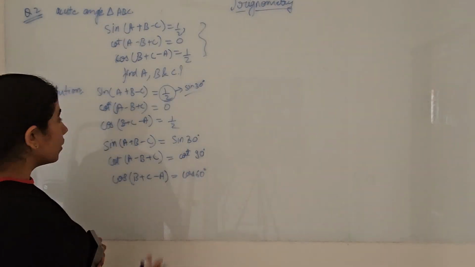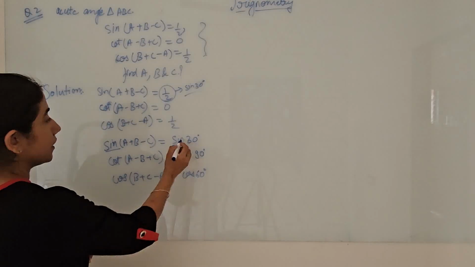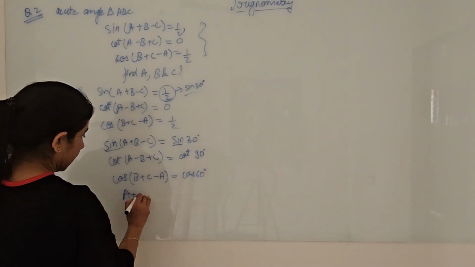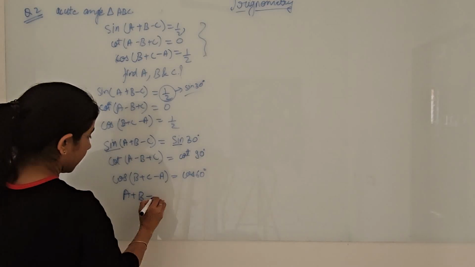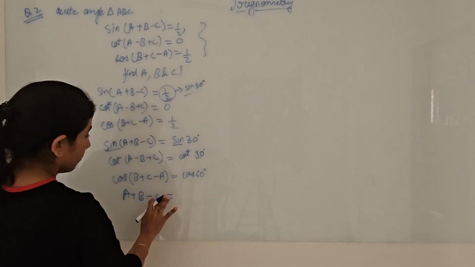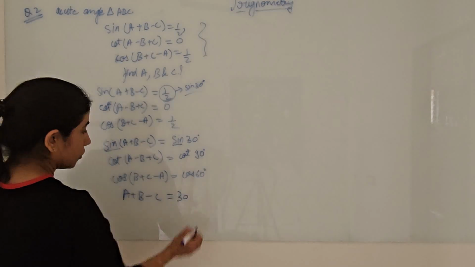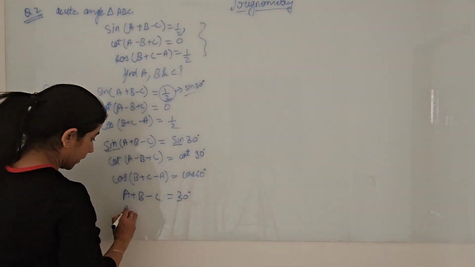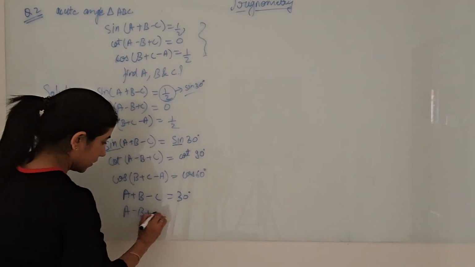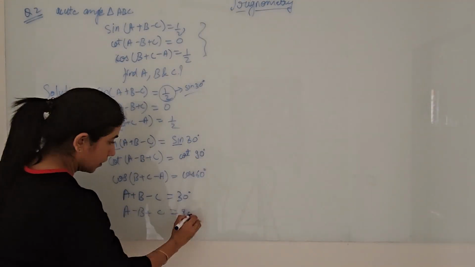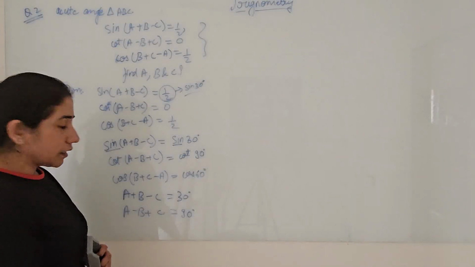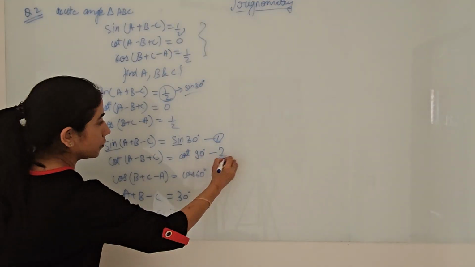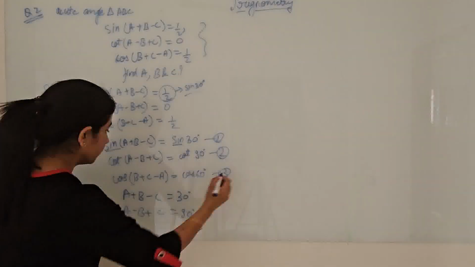Now what I will do, when sine and sine are there, then I can directly write it as A plus B minus C is equal to 30 degree. Similarly, A minus B plus C is equal to 90 degree, and I'll just mark these equations as 1, 2 and 3.